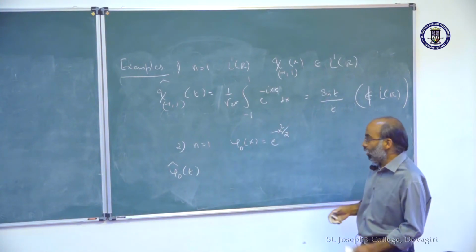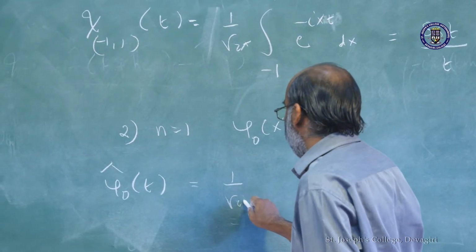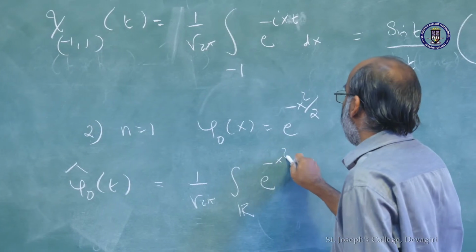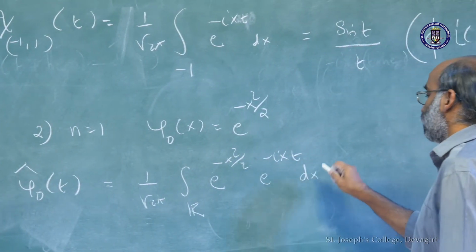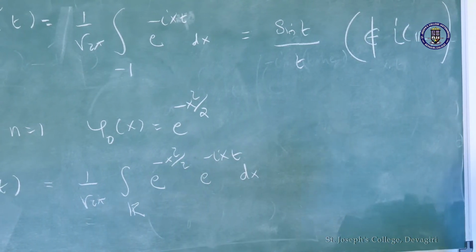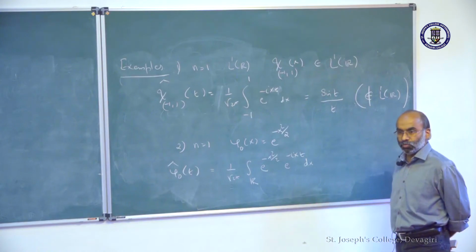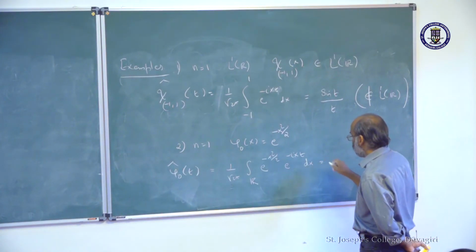Okay. So, the Fourier transform of phi 0 is 1 by root 2 pi integral over r e to the minus x square by 2 e to the minus I x t dx. Okay. So, I do not know if you have seen this before in complex analysis, but you can compute this integral. Let us try to do that.